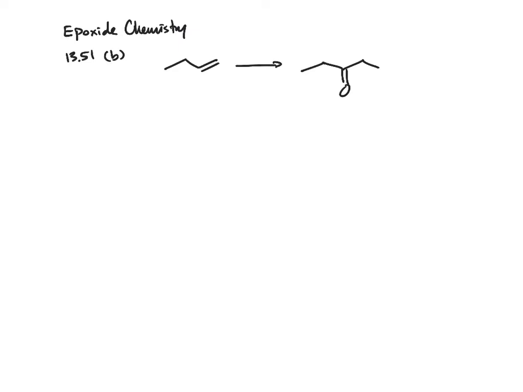So this one does involve epoxide formation. What you're asked to do is transform an alkene into that ketone. I would say this is maybe a bit daunting if you're not used to thinking this way. If you count the carbons in the starting material, you have how many? And in the product, you have how many?